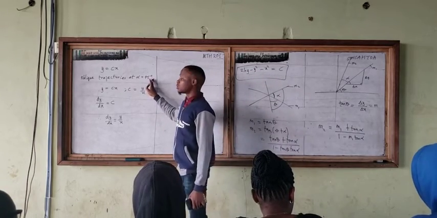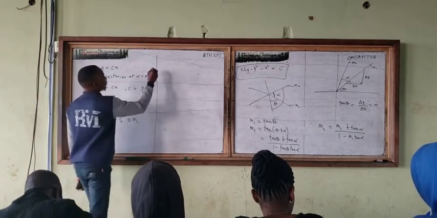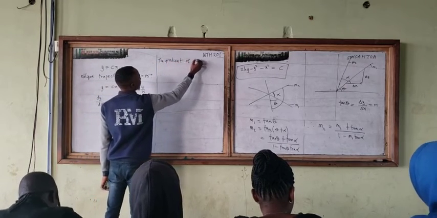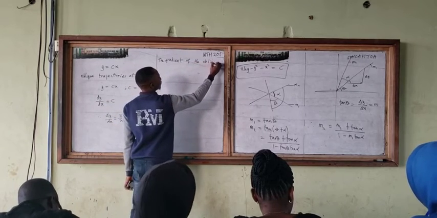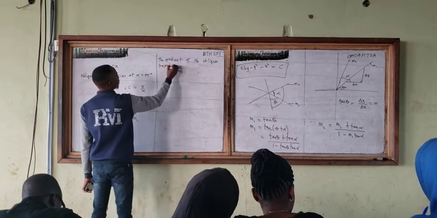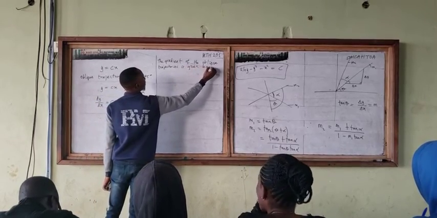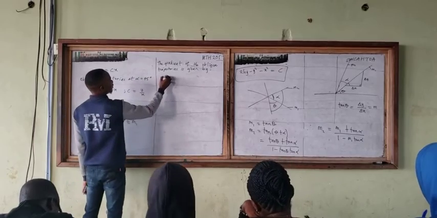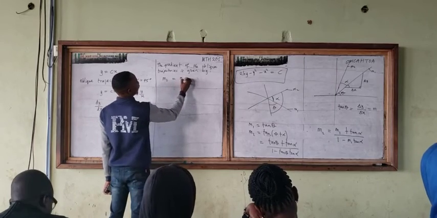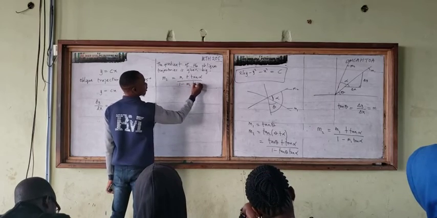So this is our M1, and to get our M2, the gradient of the oblique trajectories is given by M2 equals M1 plus tan alpha, all over 1 minus M1 tan alpha.